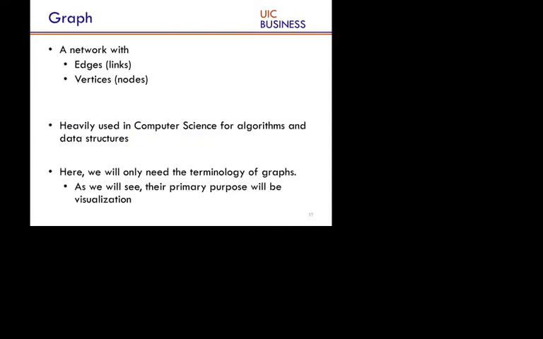So a graph is just a network. It has 2 key entities: one is a set of edges, and the other is a set of vertices. Graphs are heavily used in CS for algorithms and data structures, and here we'll only need some terminology.